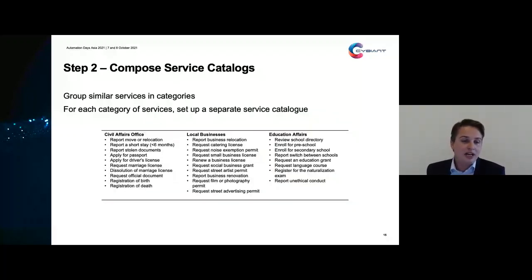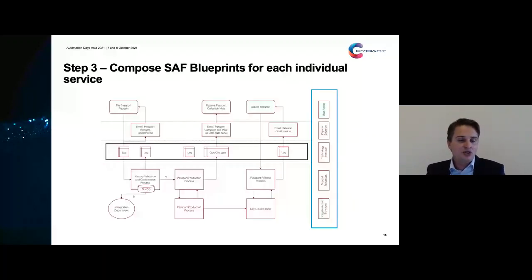And the example that I have selected for today's session is to specifically focus on the service blueprint for this particular service. So in this case, it's going to be applying for a passport through this self-service portal. And the way that we're going to be doing that is by creating this service automation blueprint. And to start with the end in mind, to give you an overview first of what a completed service automation blueprint looks like, I will start by showing you the end result.